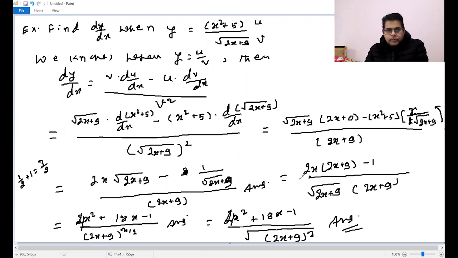And we also saw how those formulas or rules are applicable to the problem. I'm sure you are now able to understand how to prove the product rule formula as well as the quotient rule formula, and also you have seen in which situations those formulas are applicable.